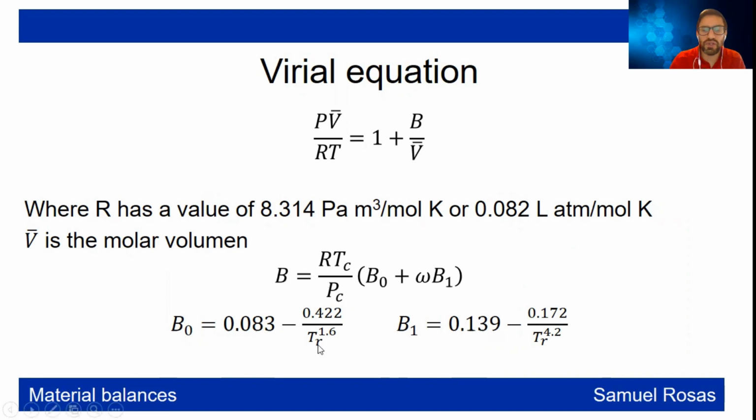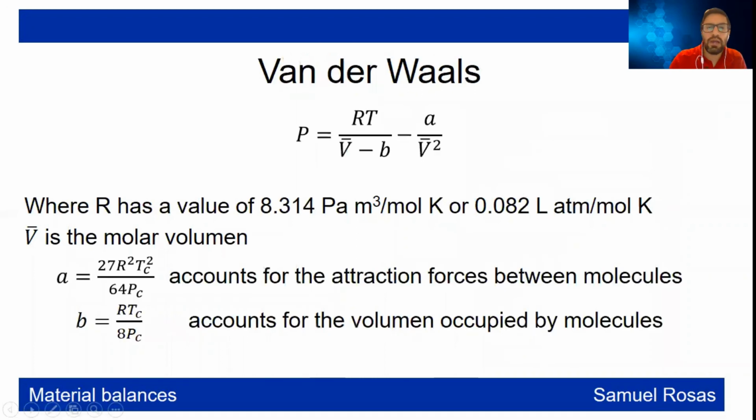It introduces the reduced temperature. Remember that the reduced temperature is the temperature over the critical temperature. And this expression of B1 also uses this reduced temperature. And the van der Waals equation is another equation that is also very important.